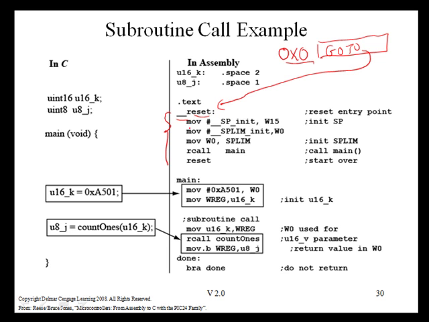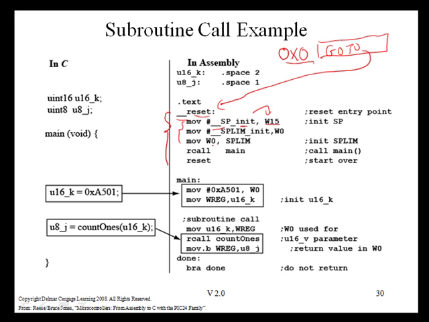This code sitting at this label is going to initialize the processor. Well, what type of initialization has to be done? Well, for one thing, the stack has to be initialized. So the special label here, _SP_init, is generated by the compiler, and it specifies where the stack begins, and it's a free space in data memory, and that's going to be loaded into W15, which is our stack pointer.